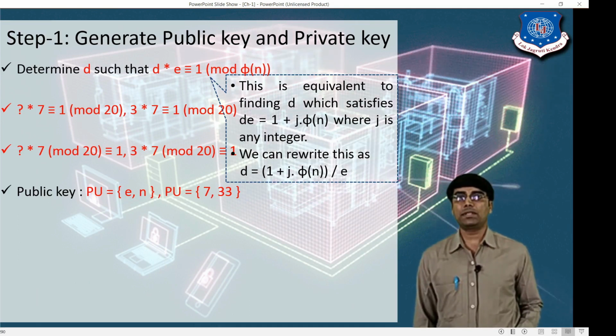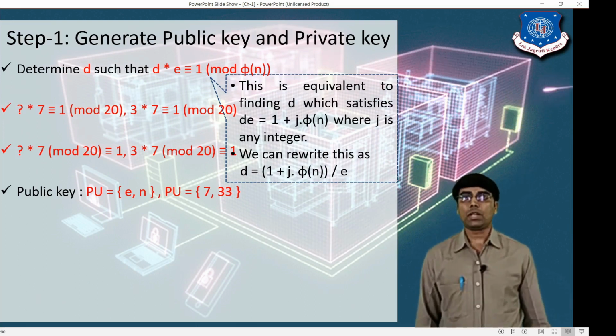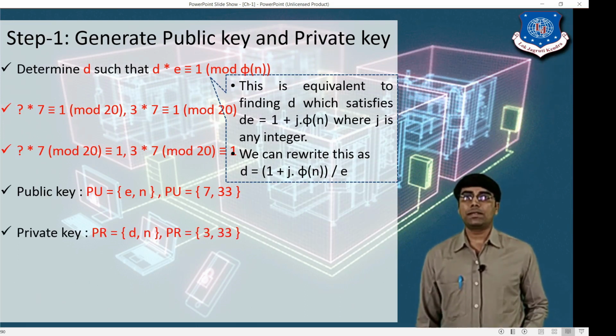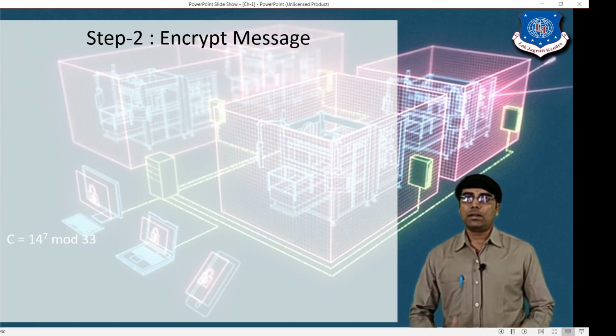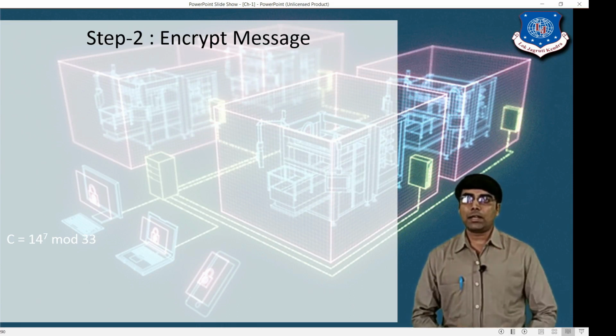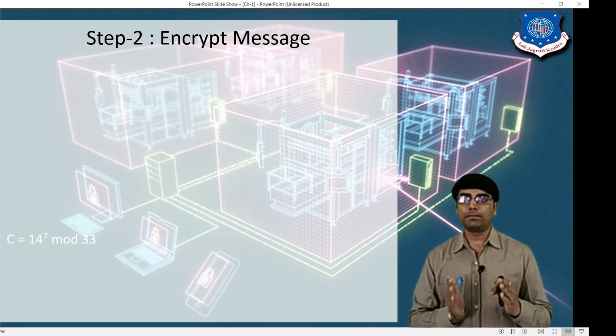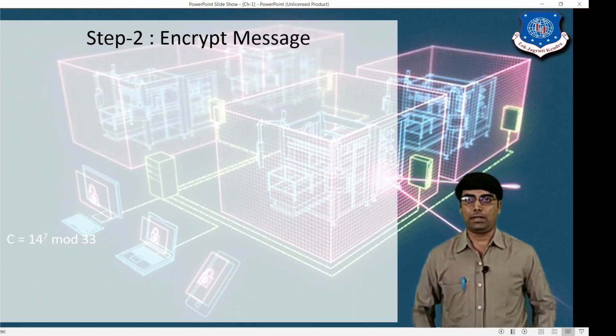With the help of this equation, you can also find d. Now the private key PR is (3, 33) because our d is 3 and n is 33. So the first step is over. It means Alice has generated the public and the private key.